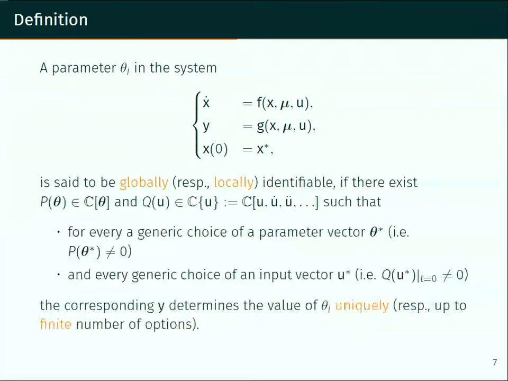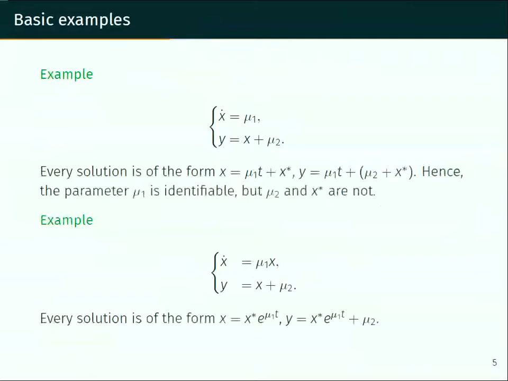Yeah. So it looks like in this definition, say you want to show the parameter theta i is identifiable, it doesn't rely on any of the other parameters. Is that true? Yes. So you can identify it regardless of whether you can identify other parameters. So then in the previous example, in order to identify x star or mu2, you needed to first know what mu1 was.